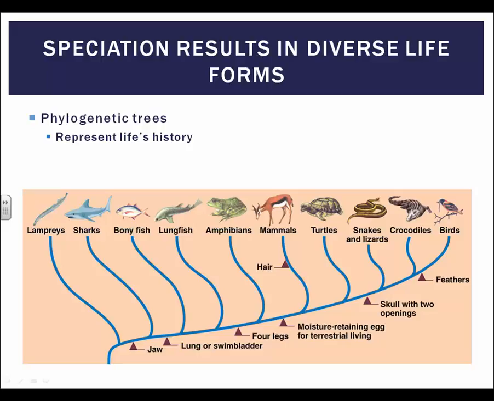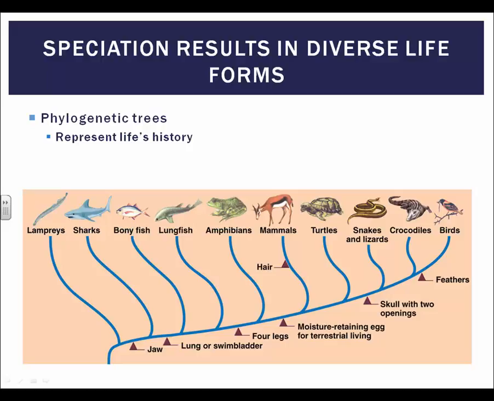All right, so speciation results in different life forms. I mentioned that term phylogenetic trees before. I mentioned that this is a nice way of basically seeing common ancestors.